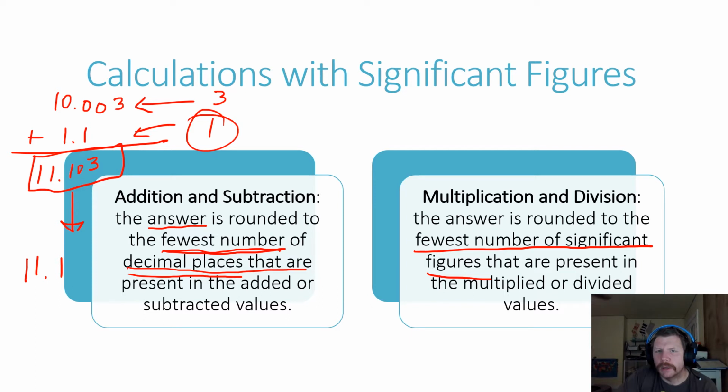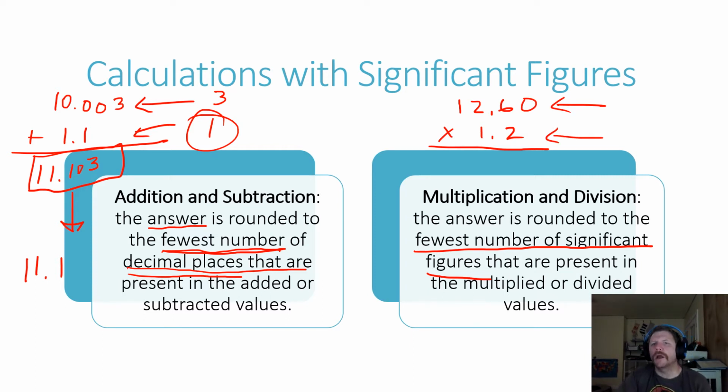So if you had 12.60 times 1.2, this one has 2 decimal places, this one has 1, but we don't care about decimal places, we care about the number of significant figures. This top number has 4 significant figures, and this bottom number has 2 significant figures.